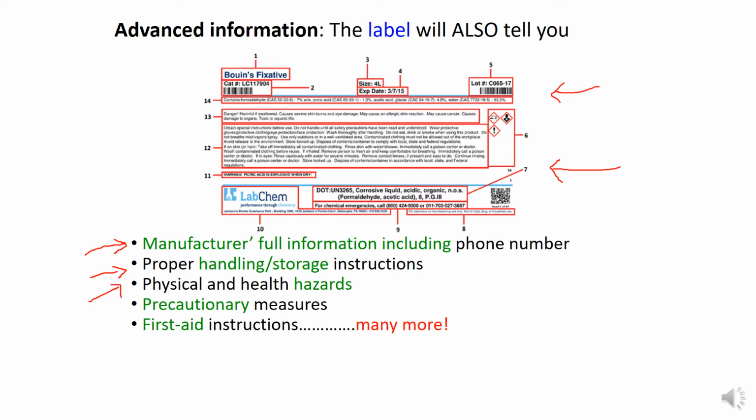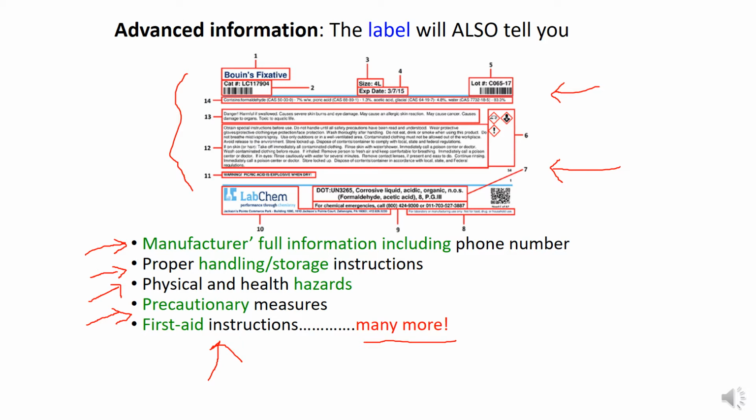Definitely we read this first, and then accordingly we deal with that container or product during handling. It is also very important to know the precautionary measures as well as the first aid instructions. As I mentioned, there are many more, up to 14 different types of information available on this small piece of paper. That is called the label.